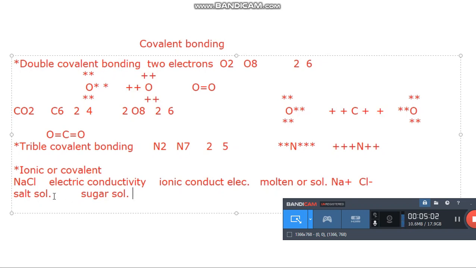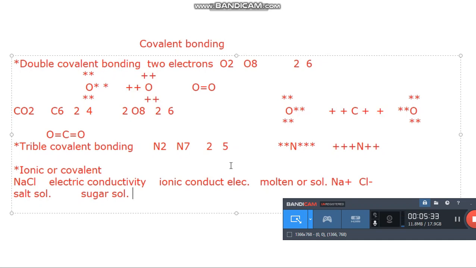The salt solution will conduct electricity. Yes. While the sugar solution will not. Why? NaCl, the salt solution, is an ionic solution because it contains an ionic compound.